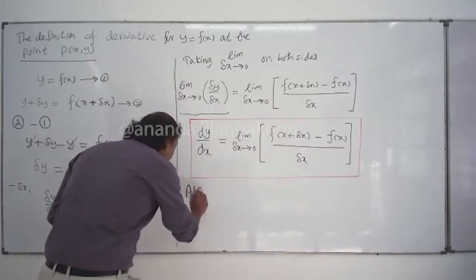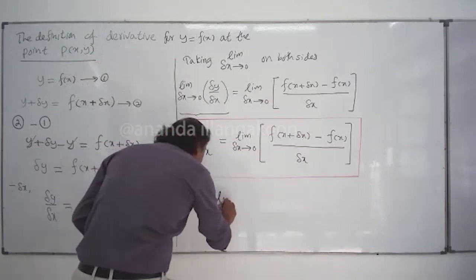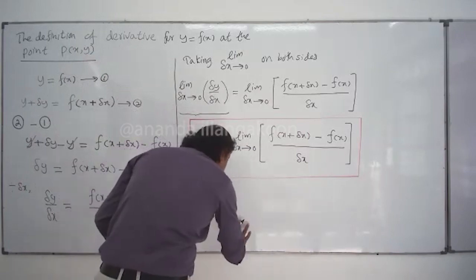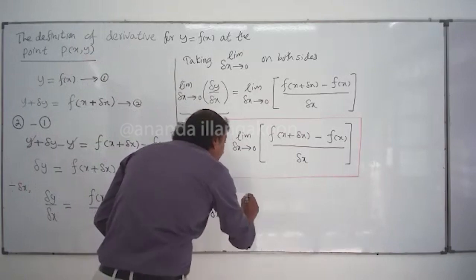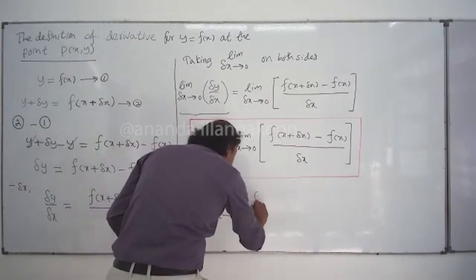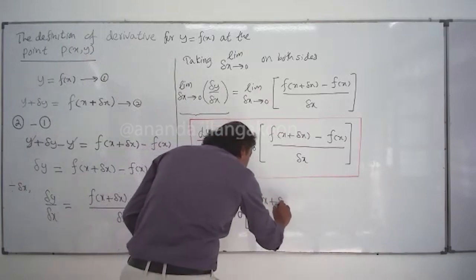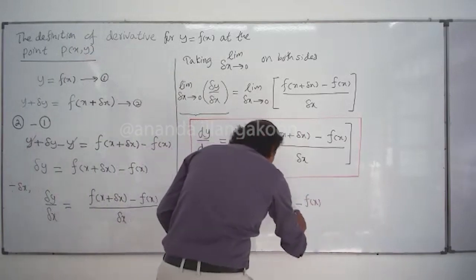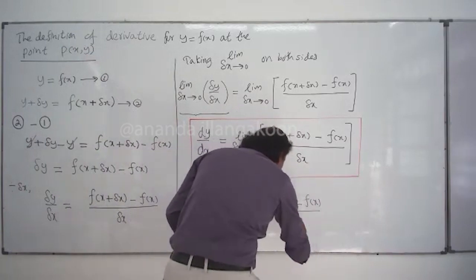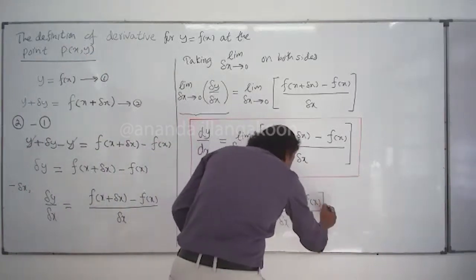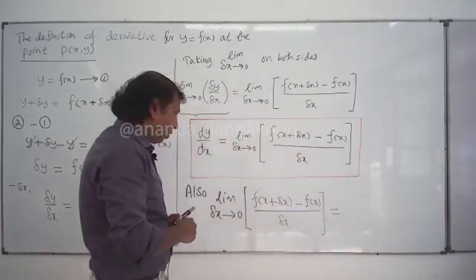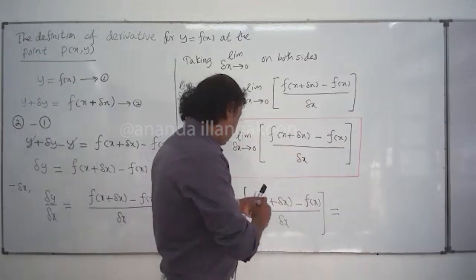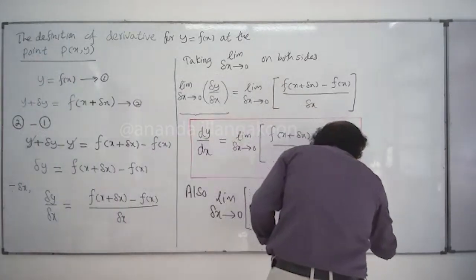Also, you can write limit delta x going to 0 of [f(x + delta x) - f(x)] divided by delta x. This is f dash x.